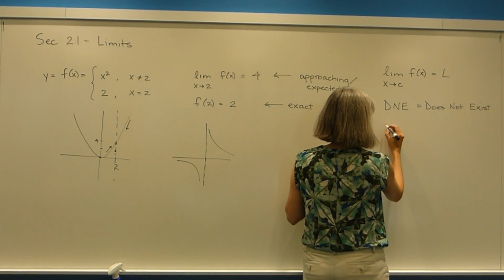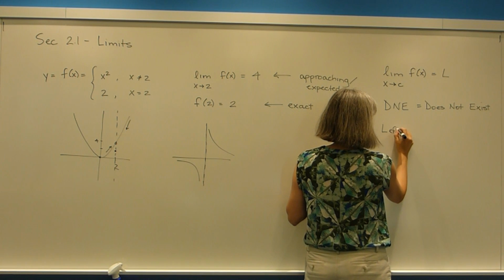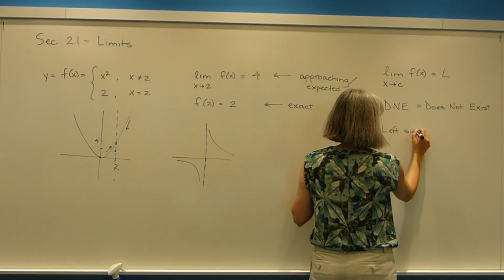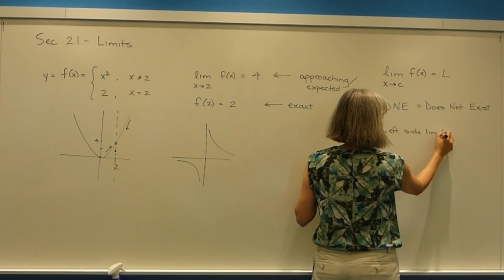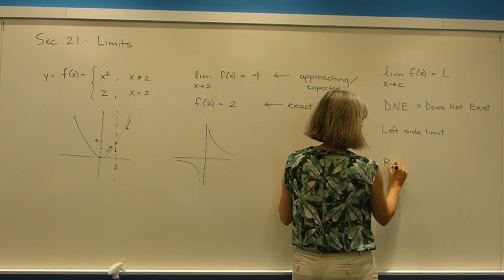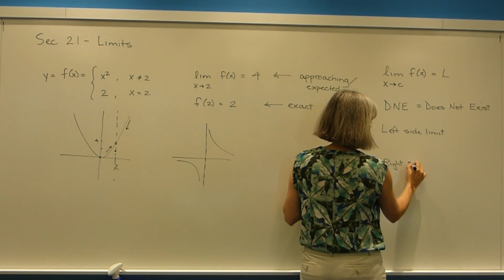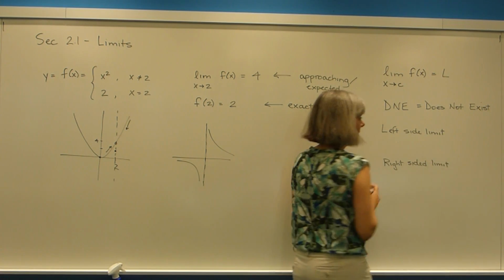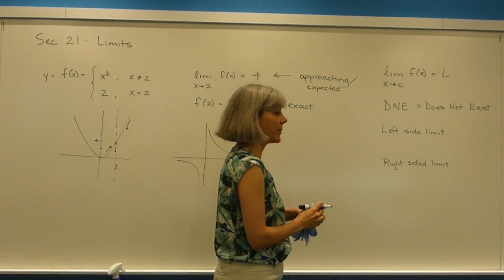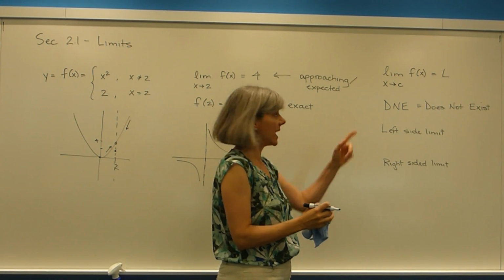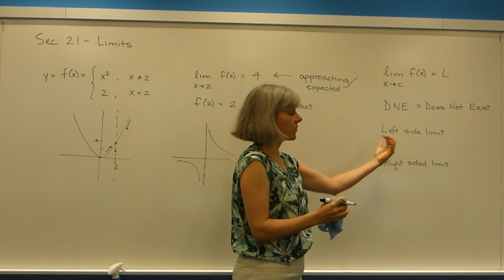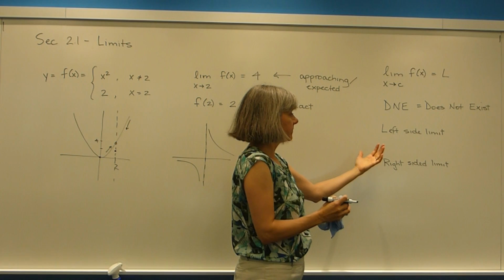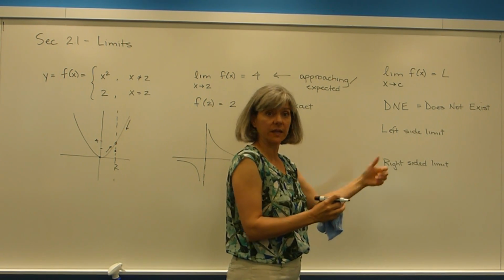So we will have a left-sided limit. And naturally, a right-sided limit. Okay, so the left-sided limit is what happens as you approach the point of interest, the x point of interest, from the negative side, the left side.